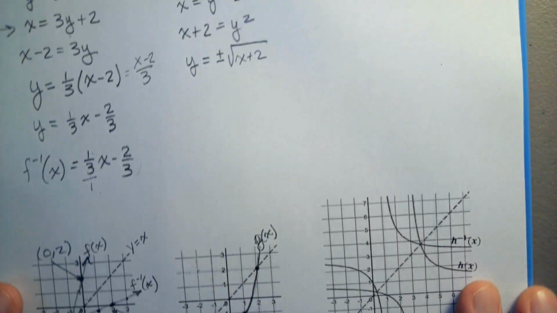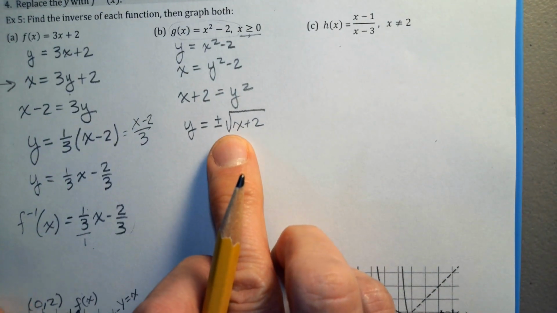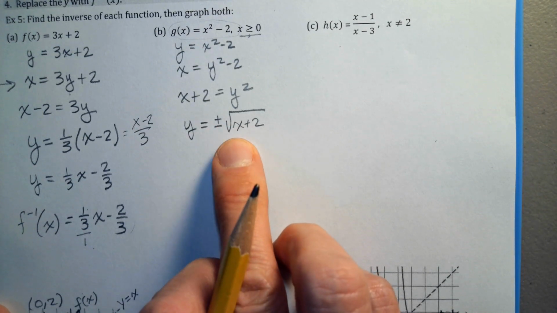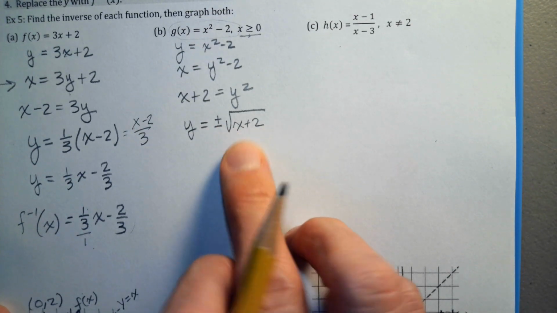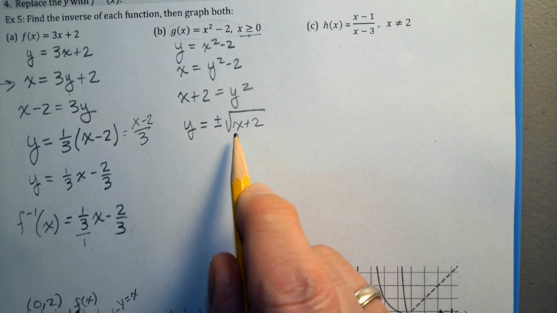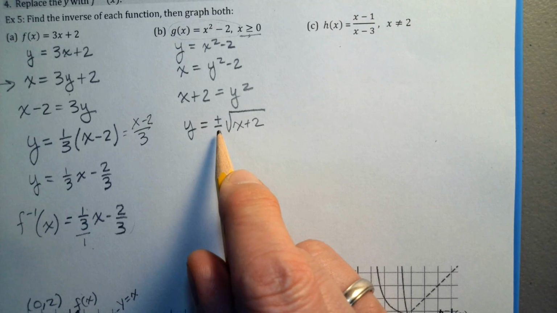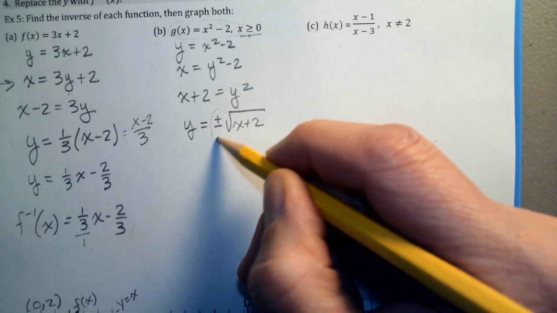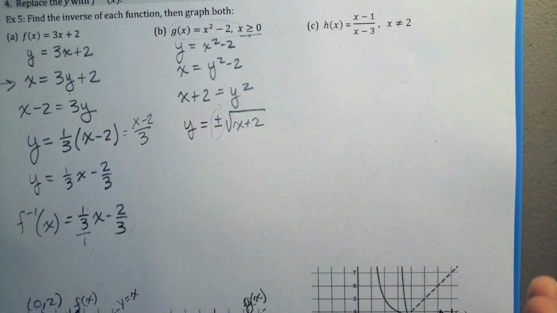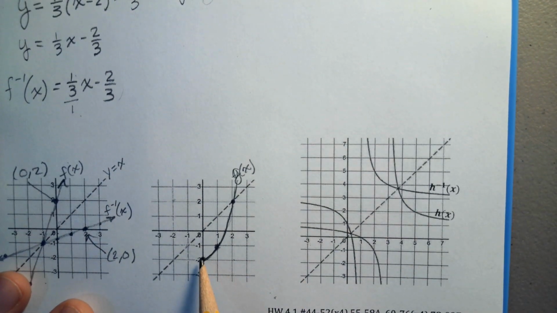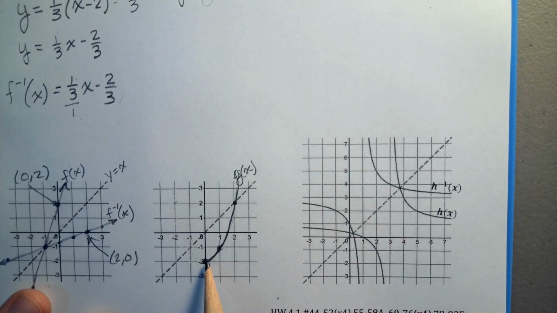Okay, and now we have to be careful: this is a sideways parabola. This is a radical, right? So this is like half of a sideways parabola. We can't have both plus and minus because we have some restrictions. So let's think about which one we would have.